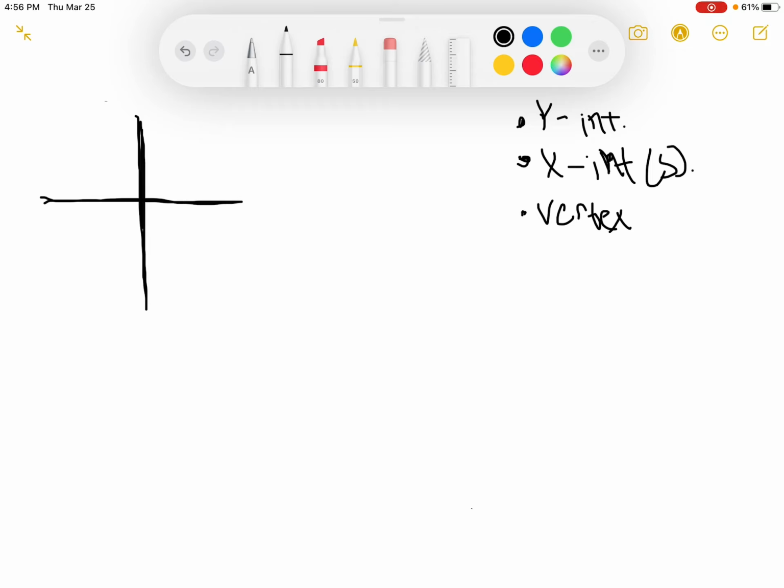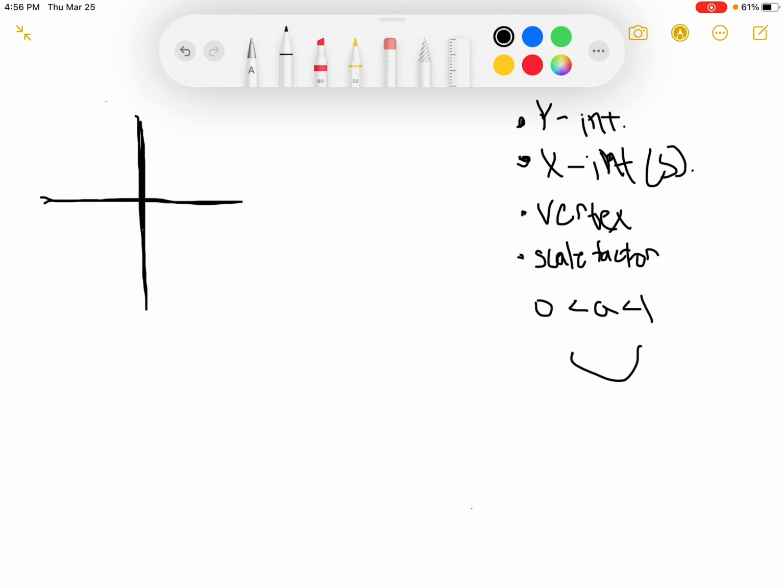And sometimes it's also useful to know the scale factor, which we're not really going to talk about in this video, but basically whatever that is, that is A. If it's a number in between 0 and 1, then that means it is going to be wider, like this.